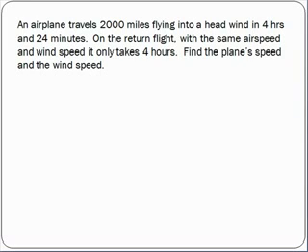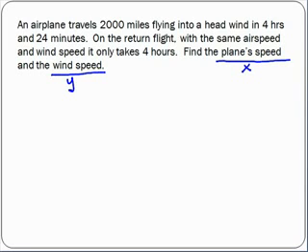Now they're flying with the wind, so it's working for them, and it only takes them 4 hours then. So we need those 2 things, the plane's speed and the wind speed. So let's say that the plane's speed is x and the wind speed is going to be y.